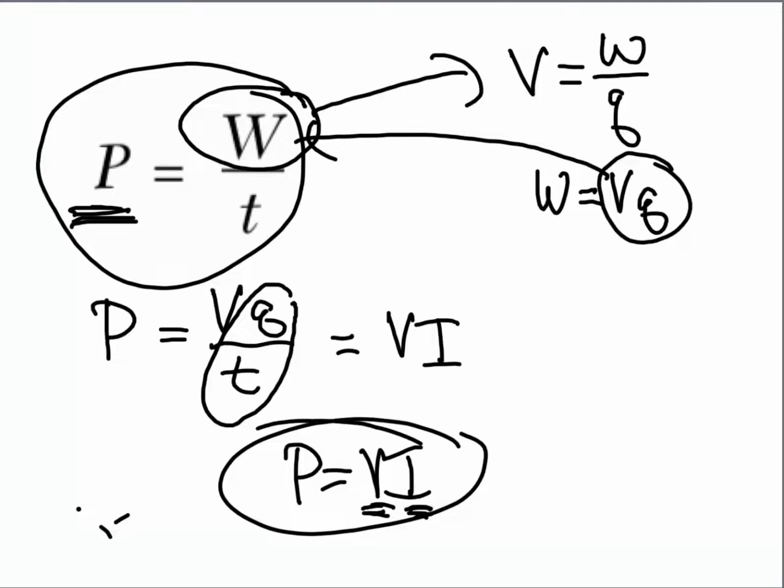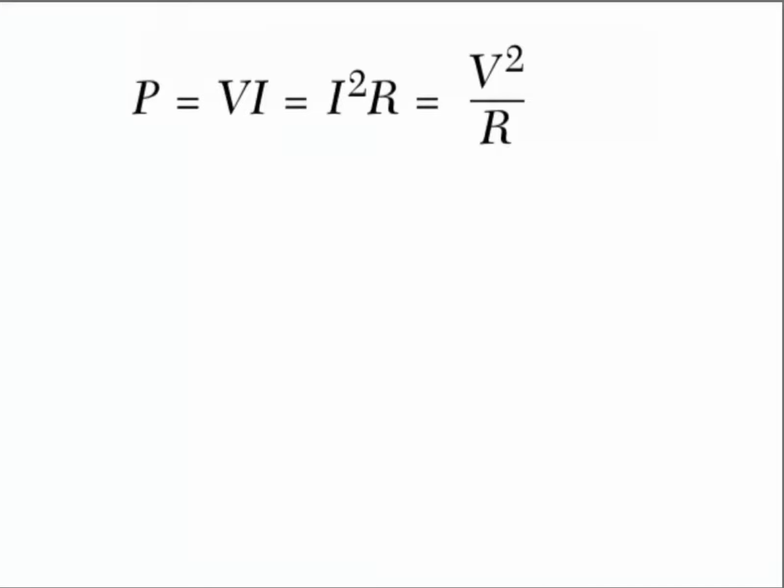Well, then we can find out how much power is generated by that. Now, we don't always have V and I, so our reference table is nice enough to give us this. P equals V times I, great. But I squared R in case they only give us I and R and don't give us V. And V squared over R in case they don't give us I. We can use this formula.